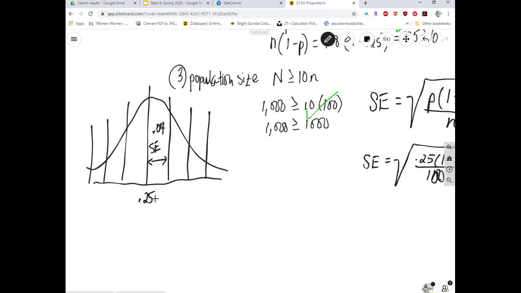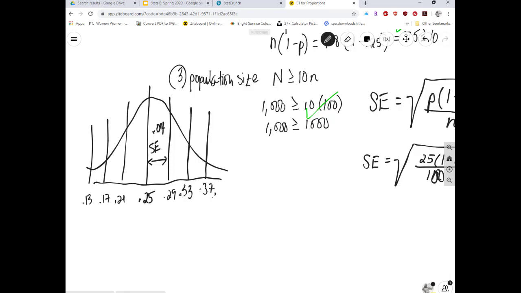This is going to be 0.25 plus 0.04, which is 0.29. Another 0.04 is going to be 0.33, and another 0.04 is going to be 0.37. And if I subtract, this is going to be 0.21, and then subtracting again, I'm going to get 0.17, and then subtracting again, I'm going to get 0.13.